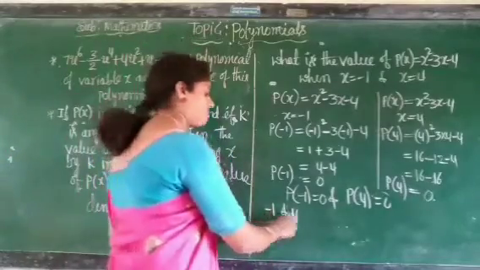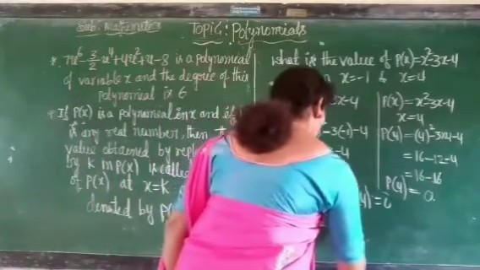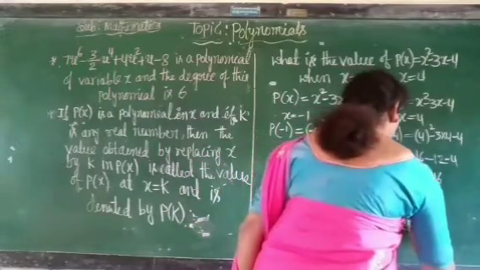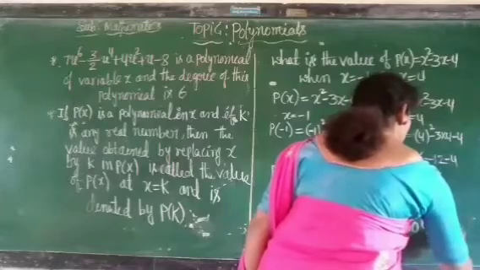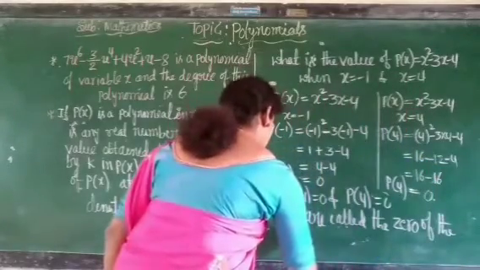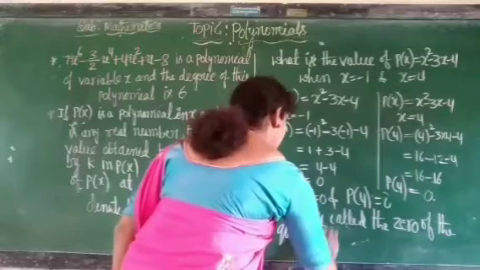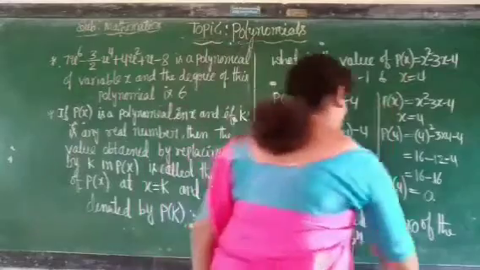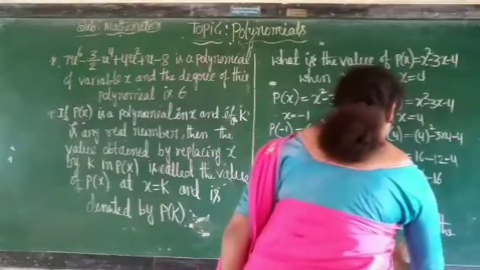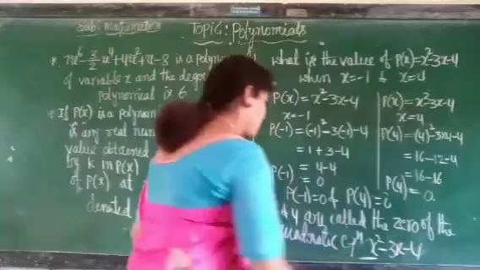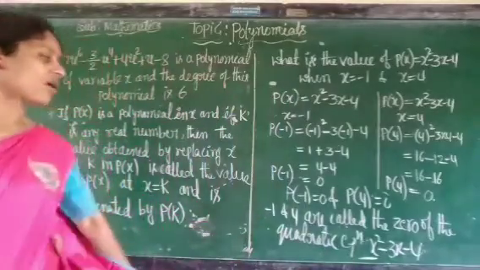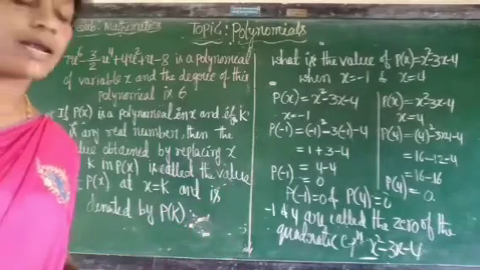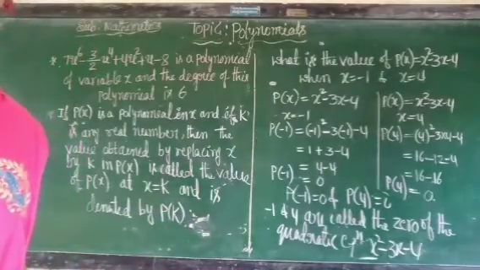Minus 1 and 4 are called the zeros of the quadratic equation. What equation? x square minus 3x minus 4. Minus 1 and 4 are called the zeros of the quadratic equation x square minus 3x minus 4.